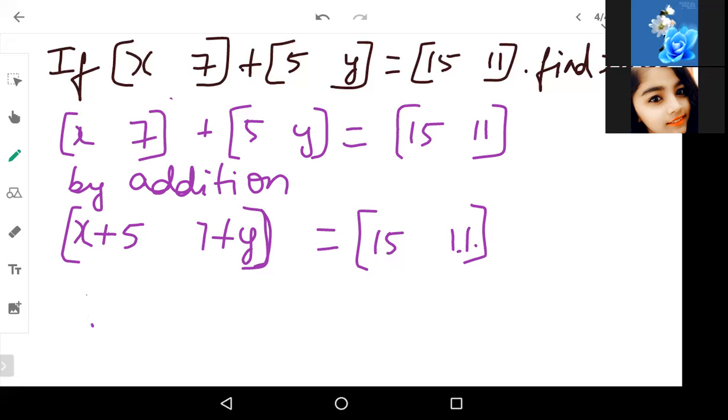Okay, did you all understand the step? We are just adding the corresponding values X and 5, 7 and Y. Okay, we are just adding that. And then we equate that to 15 and 11 that is given to us. Did you all understand?